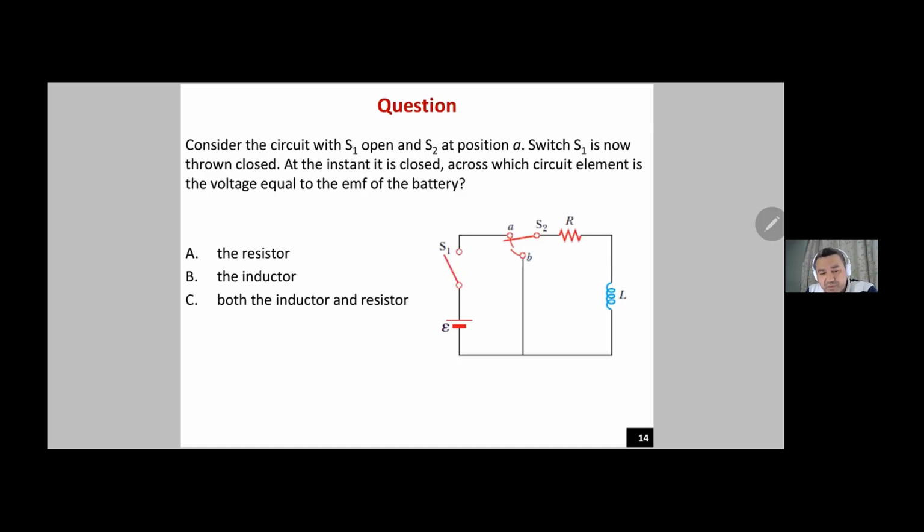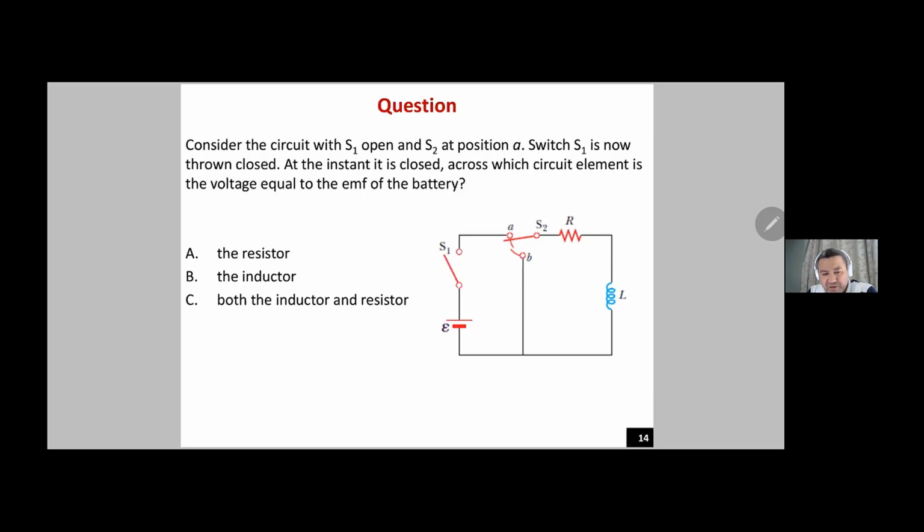It will start from the maximum, and then it will decrease. Yes. When the switch was open, definitely the current was 0, because there was no energy stored in the inductor.